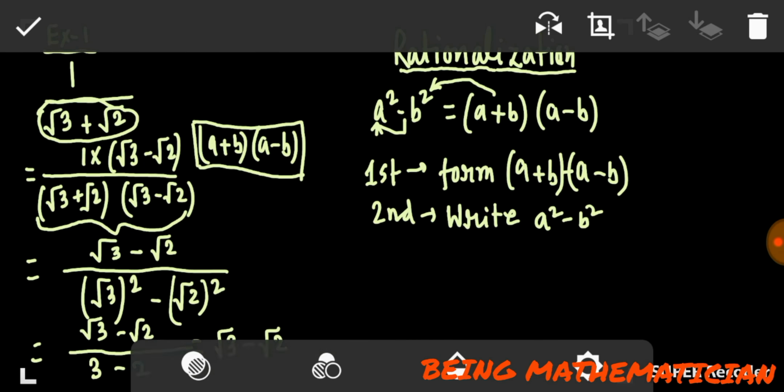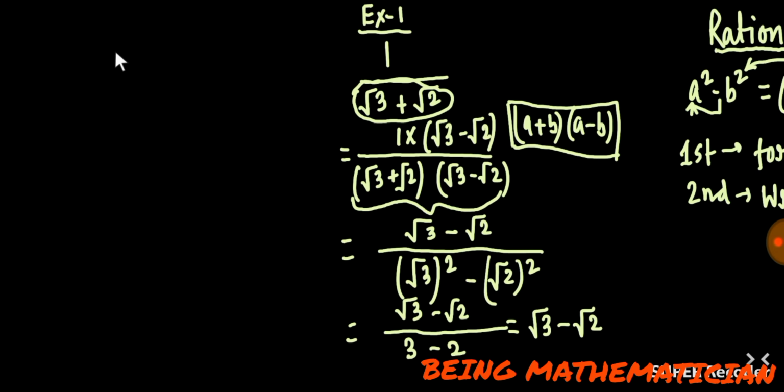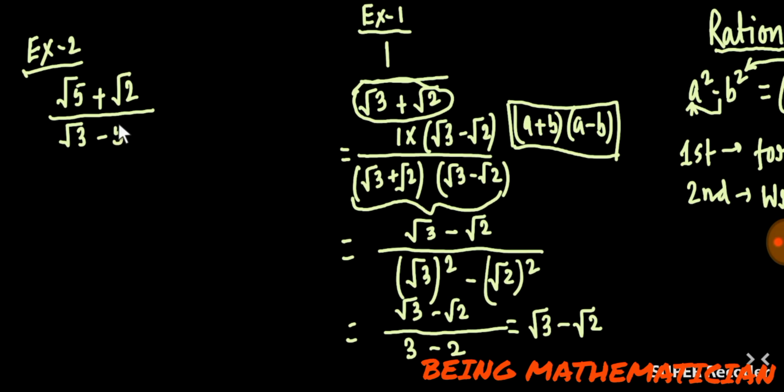Let's see example 2. Rationalize the denominator of the fraction root 5 plus root 2 by root 3 minus 5. So clearly we can multiply numerator and denominator both by root 3 plus 5.